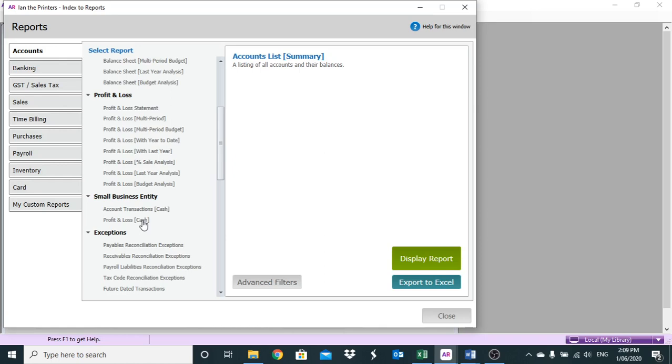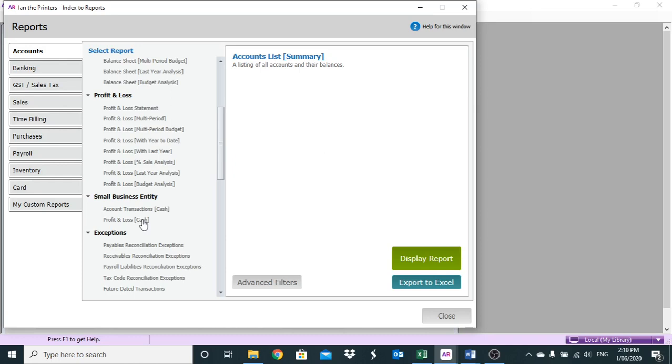Now, there's benefits and negatives both ways, but for a small business, the biggest benefit is that it only needs to report in its BAS reports the GST paid and collected figures once money has been received or once monies have been paid.